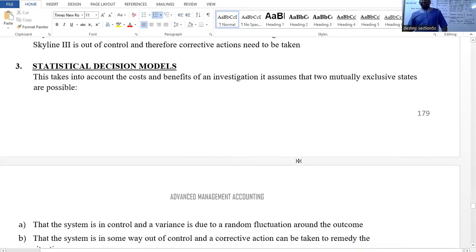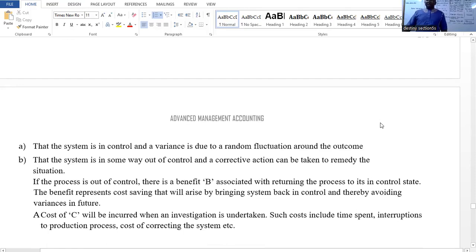Okay, then the last method is called the statistical decision model. This is like decision making, and it takes into account the costs and the benefits of an investigation. It assumes the two mutually exclusive states that we mentioned earlier: that the system is in control and any variance noted is a result of random fluctuation, and that the system is in some way out of control and a corrective action can be taken to remedy the situation.